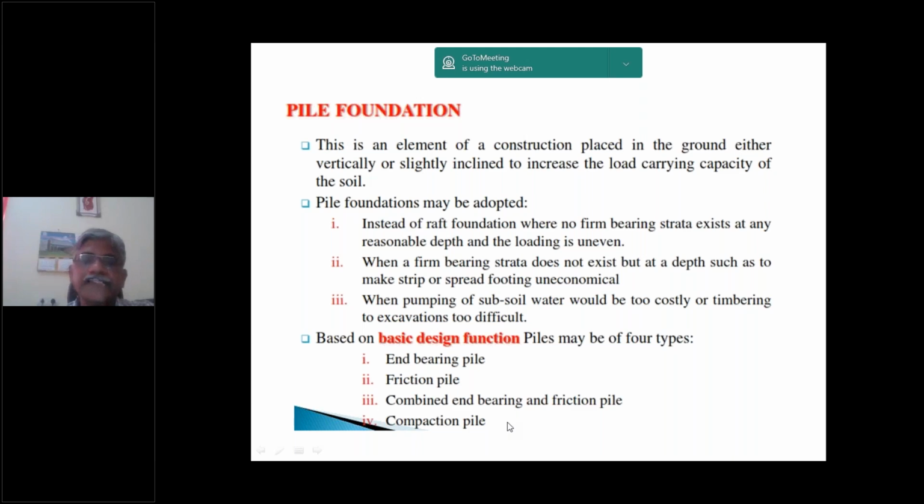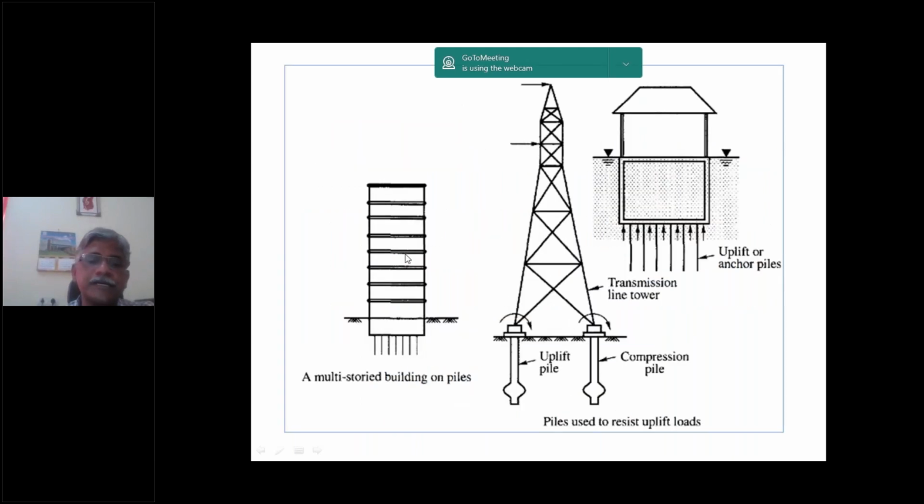See the applications of pile foundations. This is a multi-story building in which the piles are located here. In the case of transmission towers, the piles are subjected to wind loads, so the foundation will be subjected to overturning moments. To resist the overturning effects, it is required to go with pile foundations, and if possible the under-reamed bulb also, so that the uplift conditions can be controlled.